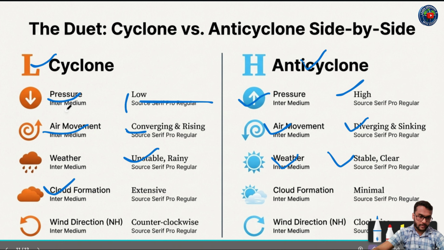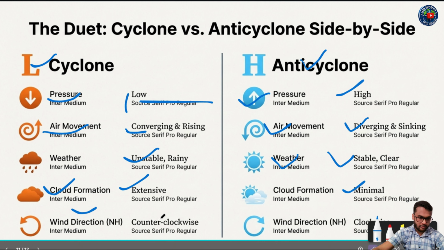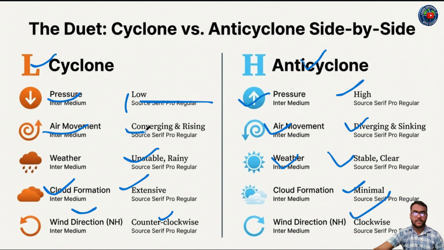In terms of cloud formation, a cyclone has extensive cloud formation and an anticyclone has minimal cloud formation. In wind direction, a cyclone is counterclockwise in the northern hemisphere, and an anticyclone is clockwise in the northern hemisphere, opposite to the cyclone. These are the basic differences between cyclone and anticyclone.